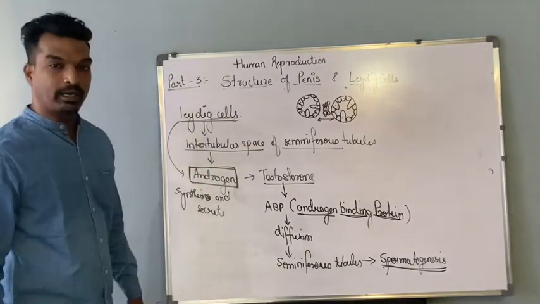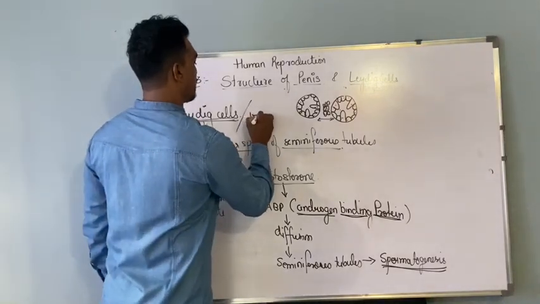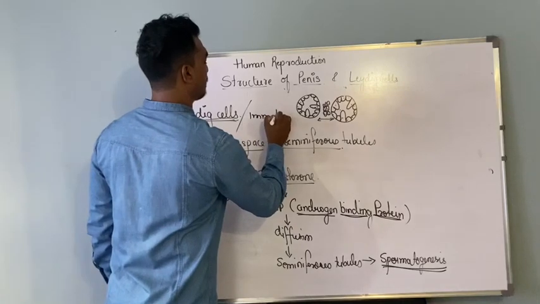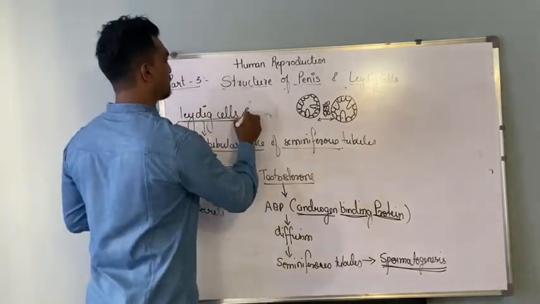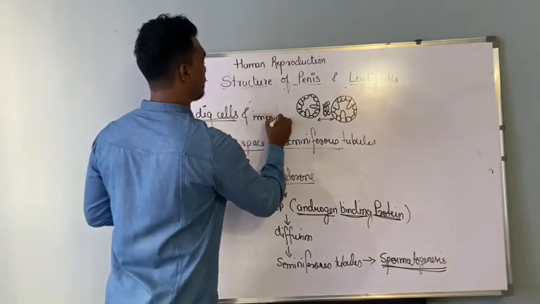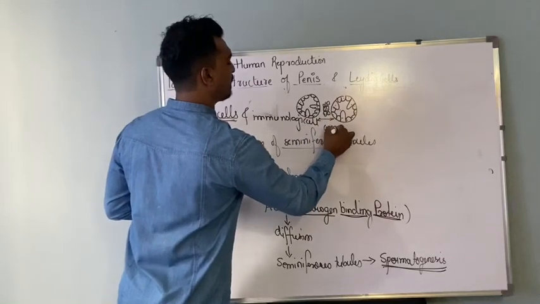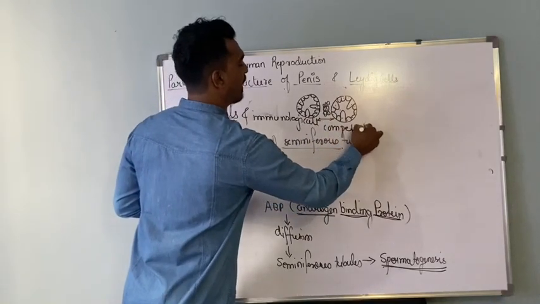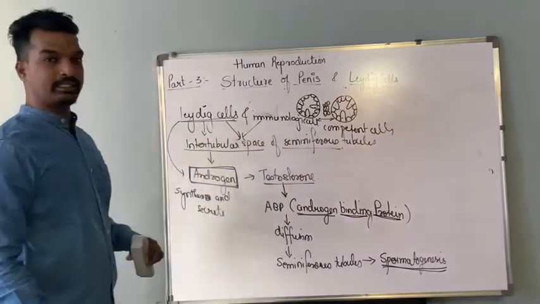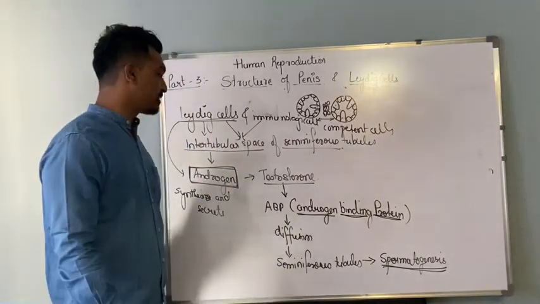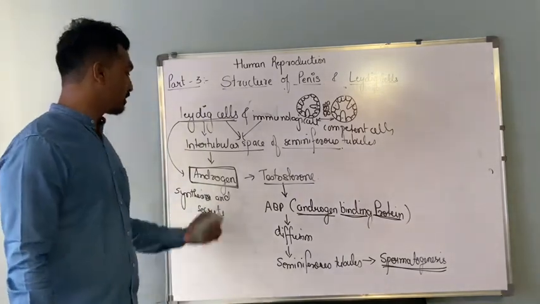And apart from the Leydig cells, in the intertubular space we also have some immunologically competent cells. So Leydig cells and immunologically competent cells are present where? In the intertubular space of the seminiferous tubules. What do they do?